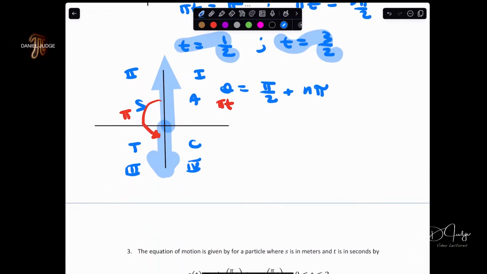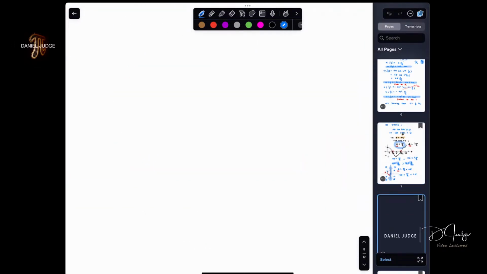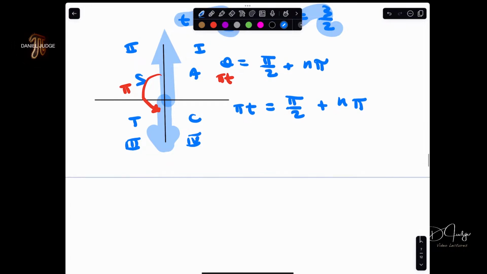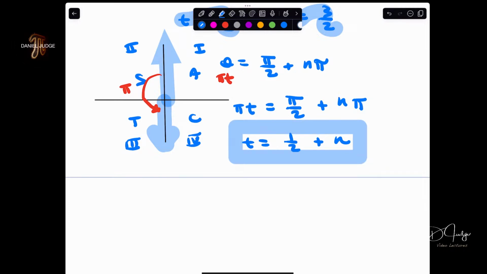So what that means is pi t equals pi over 2 plus n pi. N is an integer. And what you'll see now is if I divide everything by pi, you get t is 1/2 plus n. So that'll give you a way to get all your time values.